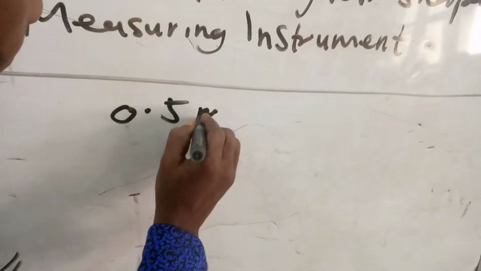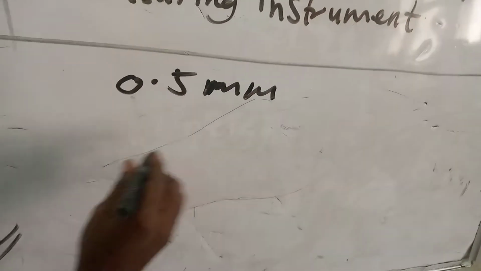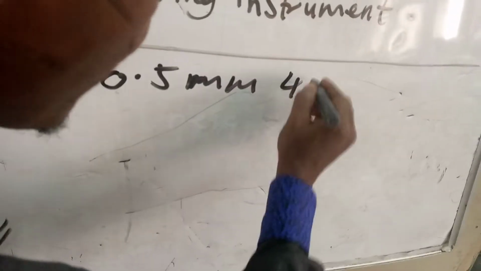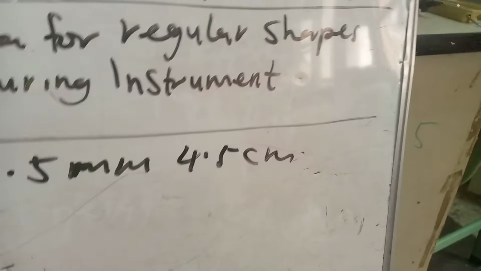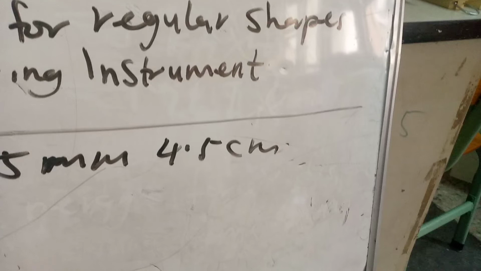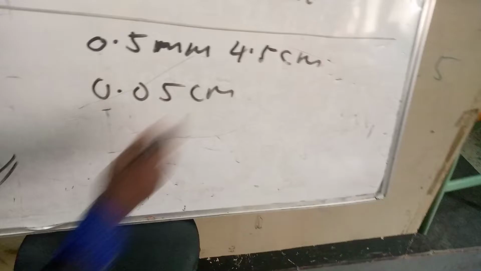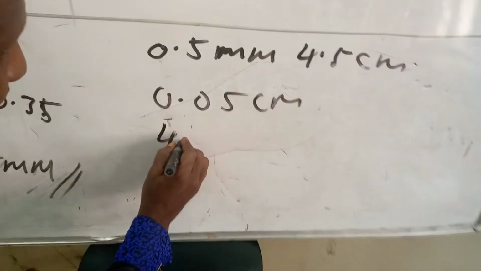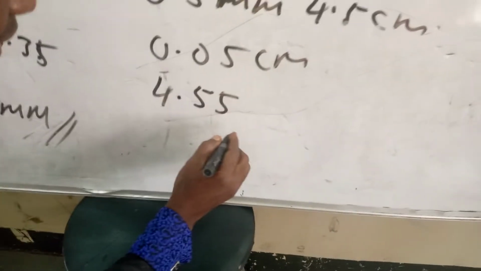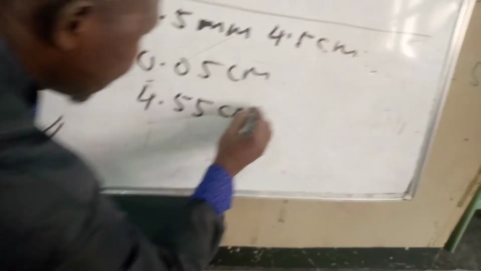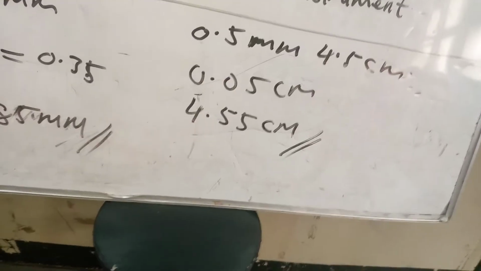You convert 0.5 millimeter to centimeter, which gives you 0.05 centimeter. You now add this and 4.5 together, which will give you 4.55 centimeter.